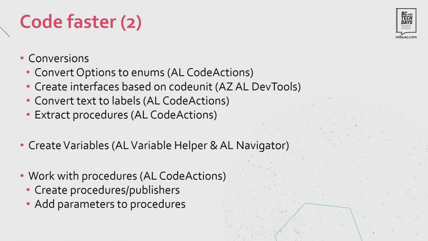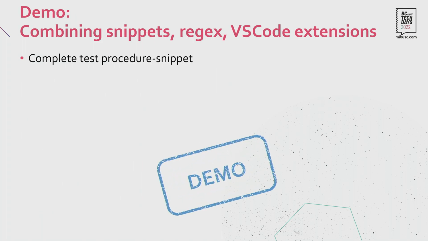And then, last but not least, we do have the create variables. There are two extensions, basically, that are doing that. And yeah, we can also create procedures on the fly or something like that. And I will show these with you together while completing our test procedure snippet.